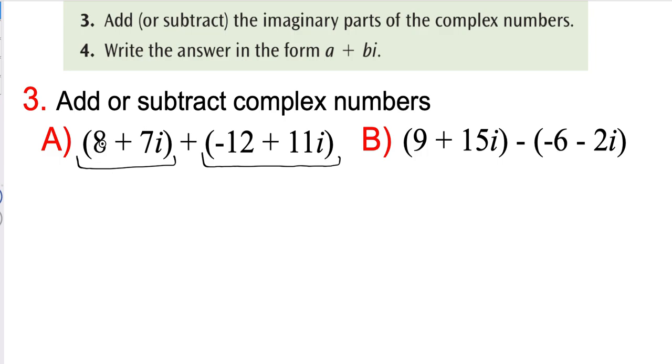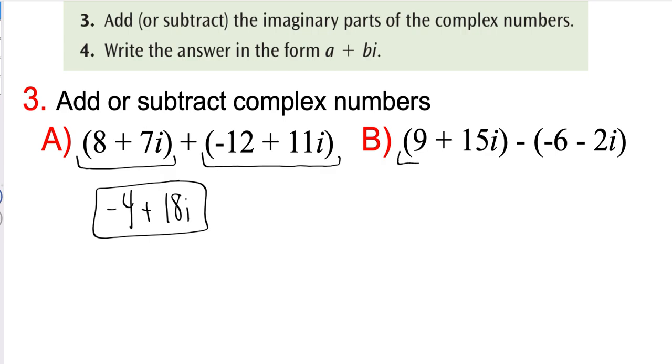So what we do is add the real part, so 8 plus the negative 12 is a negative 4. Add the complex part, 7i plus a positive 11i. So 7 plus 11 is 18, so we have 18i. We do it like that. So it's just kind of like terms. Add the real numbers, add the complex numbers, okay?